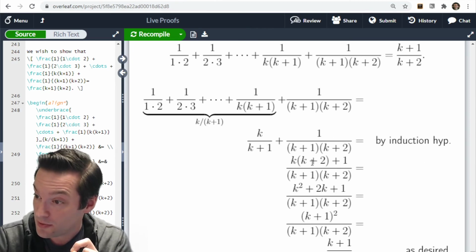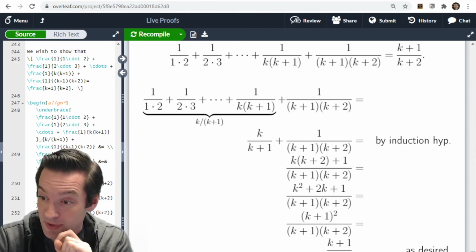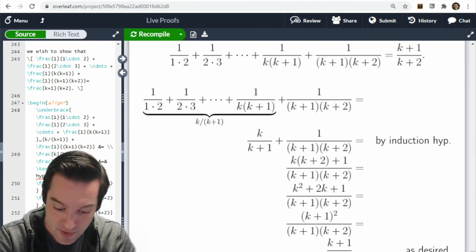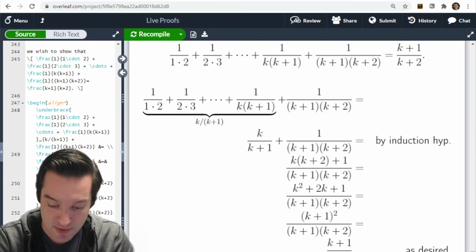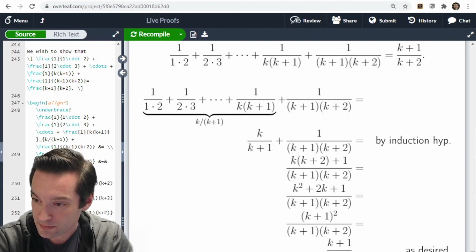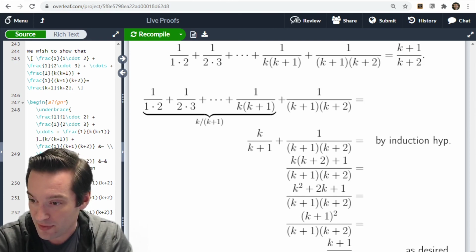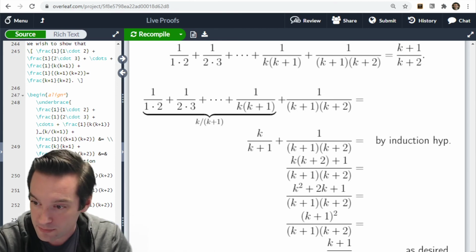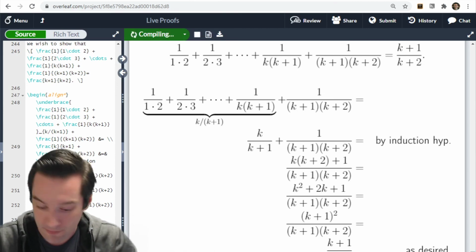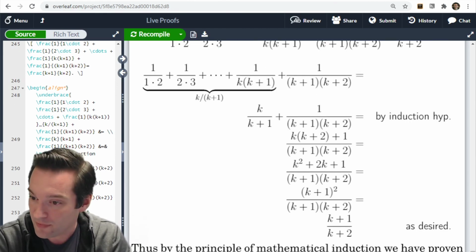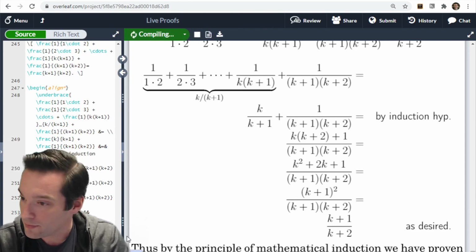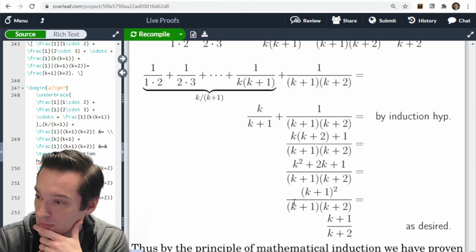Then we do the arithmetic on that expression, sufficient to show that it's equal to k plus 1 over k plus 2, as desired. Thus, by the principle of mathematical induction, we have proven this statement for all natural numbers n. I'll put a little square in there for the end of the proof.